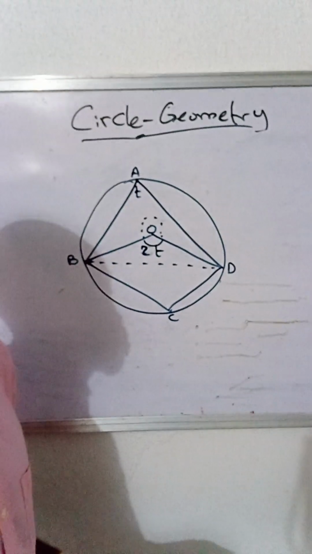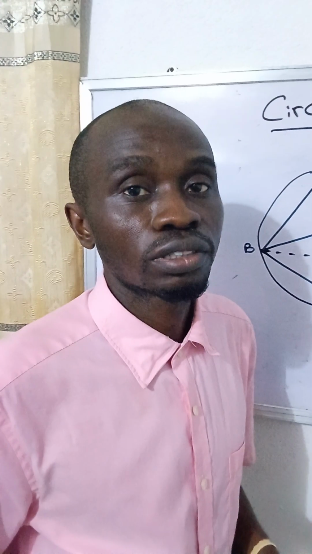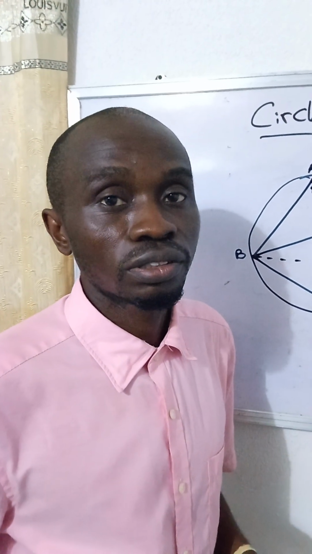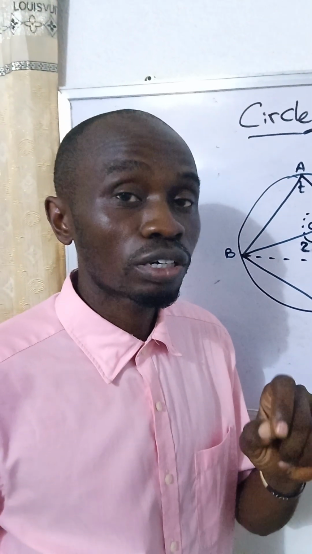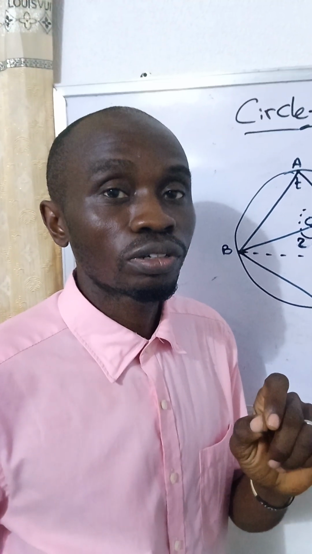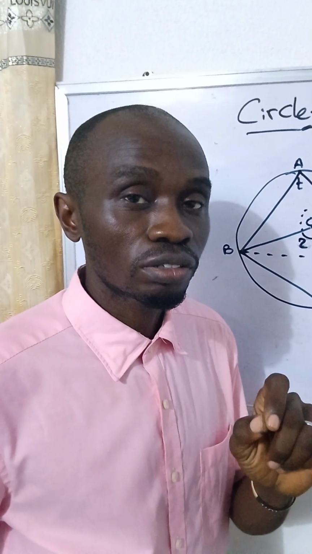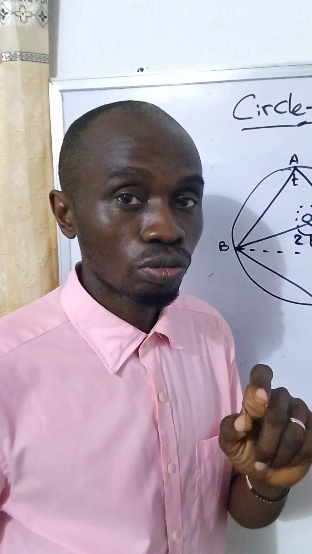There's also another theorem that says opposite angles of a cyclic quadrilateral equal 180 degrees.